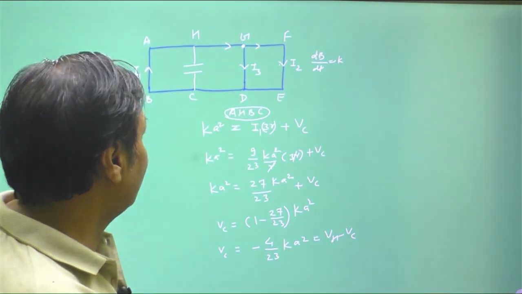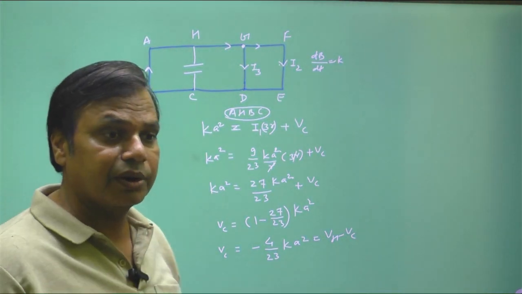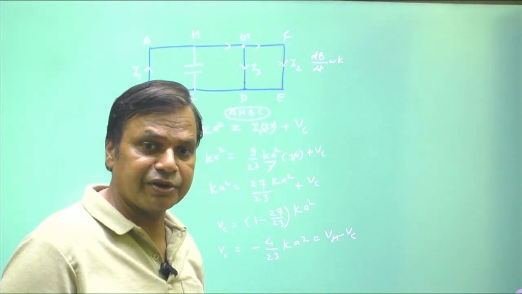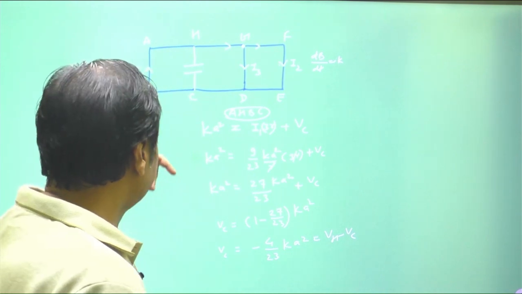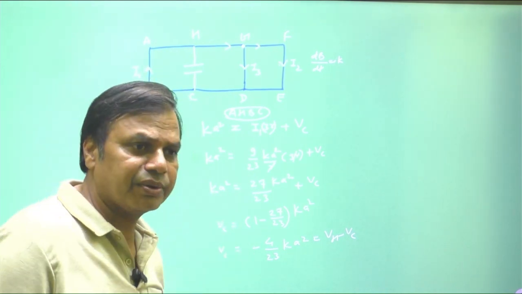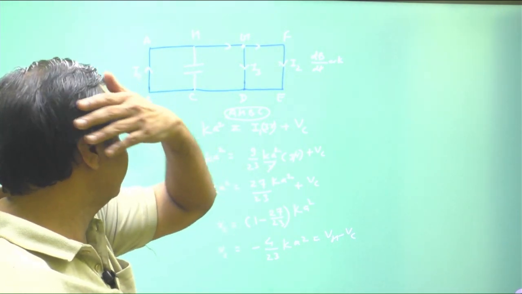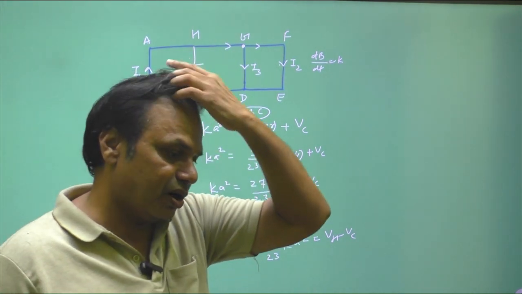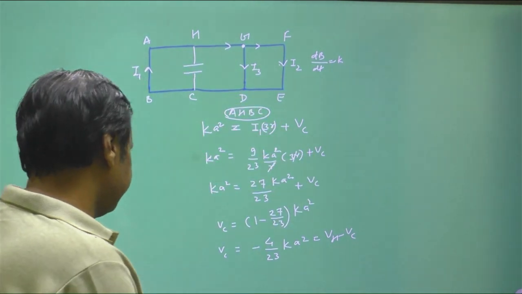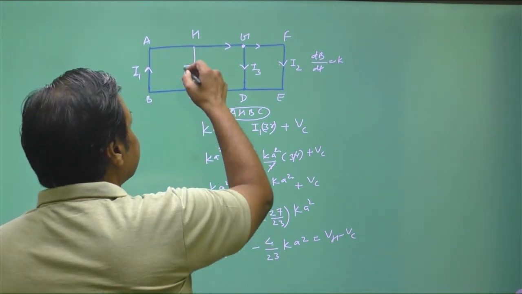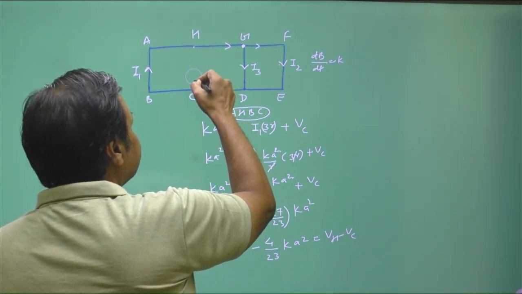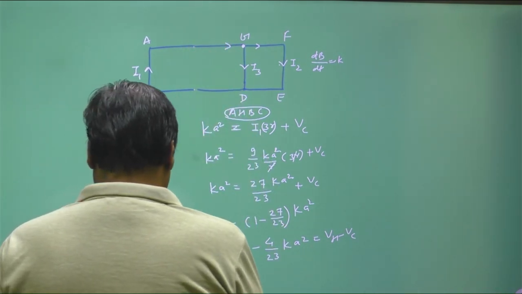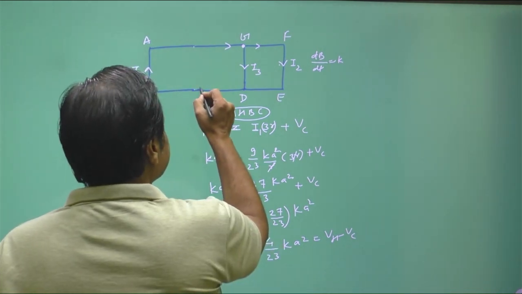Now I need to find out the total heat developed in the circuit in time tau. To find it out, I can only think that these resistances are dissipating energy. The capacitor is storing something, it is not participating in this energy dissipating game.